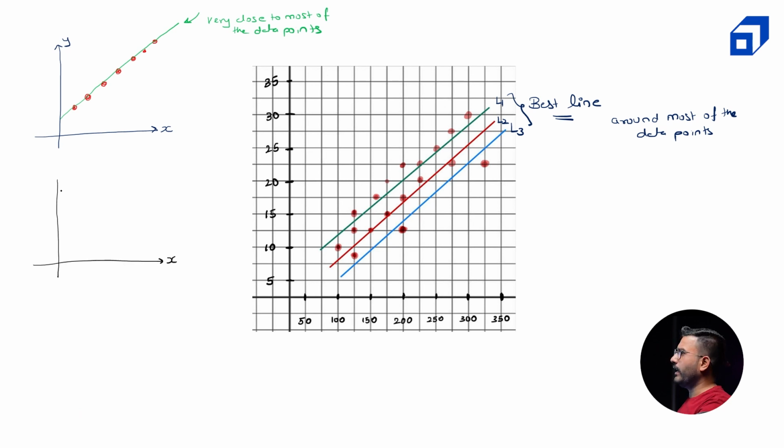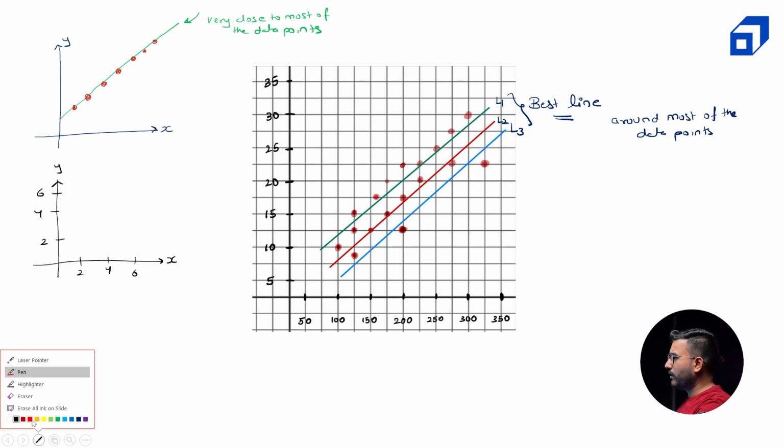Let's say this is my data, x, y, and this is 2, this is 4, this is 6. And let's say we have some data points. I have a data point over here, over here, over here, and then over here.